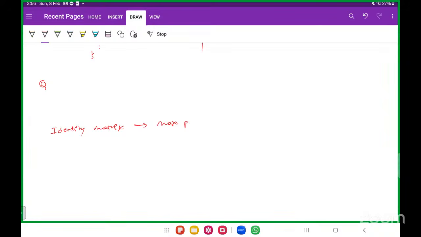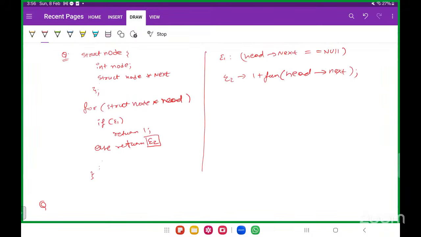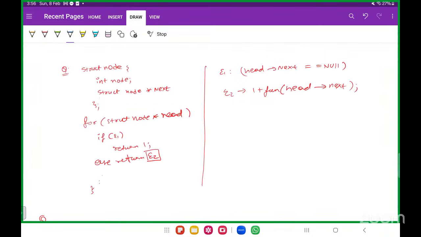Then there is one program given to count the total number of nodes, and they have clearly mentioned that it is a non-empty linked list. That is actually an important point. If it is an empty linked list, then you have to check if head is equal to null, then return 0. But it is non-empty, so head cannot be null.